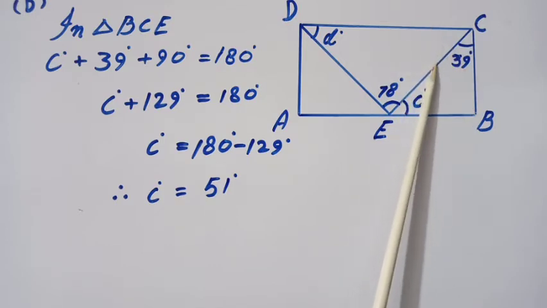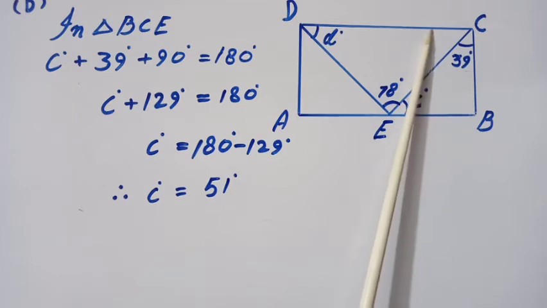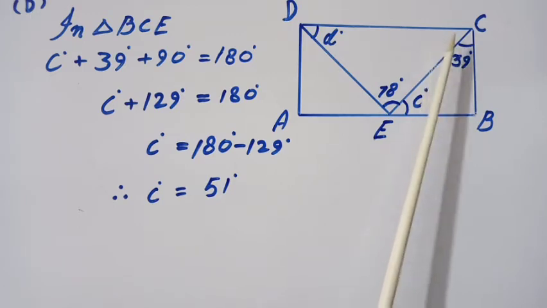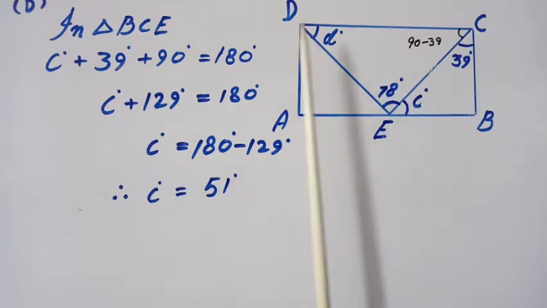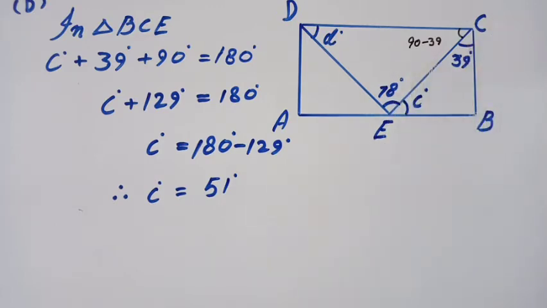Because this whole angle is an angle of 90 degrees, the interior angle of the rectangle. This angle is at the point C. The angle DCE is 90 minus 39, so it is 51 degrees.